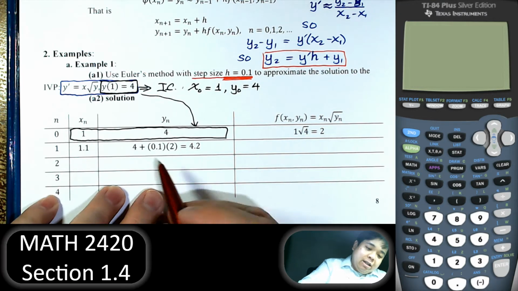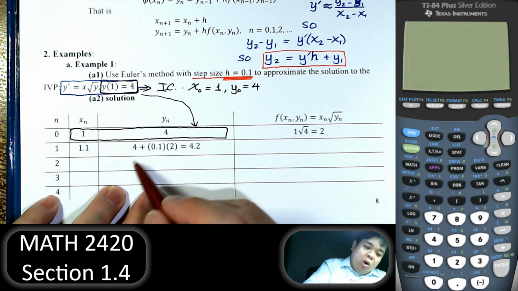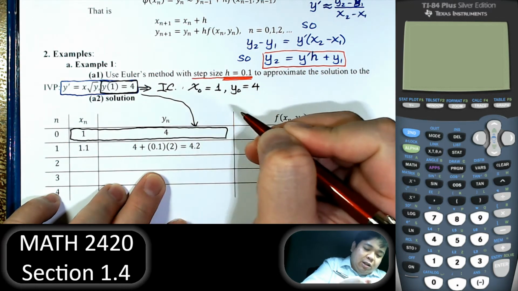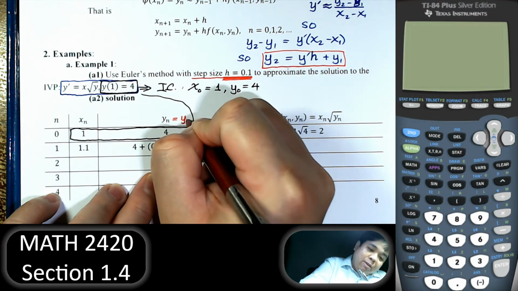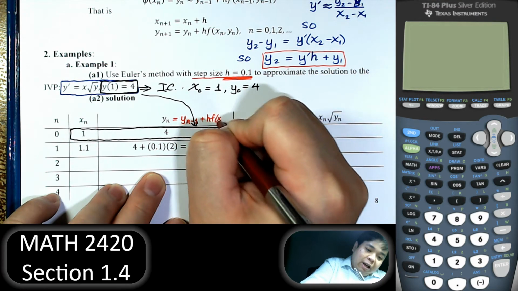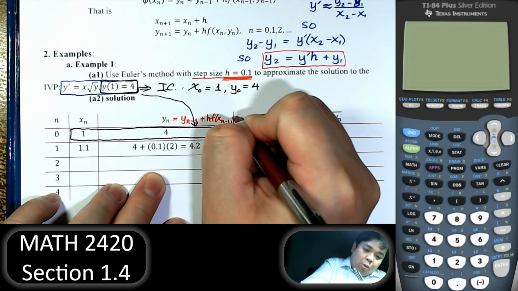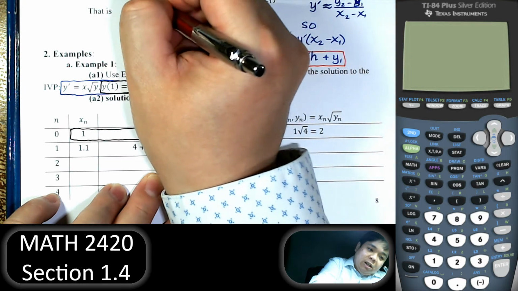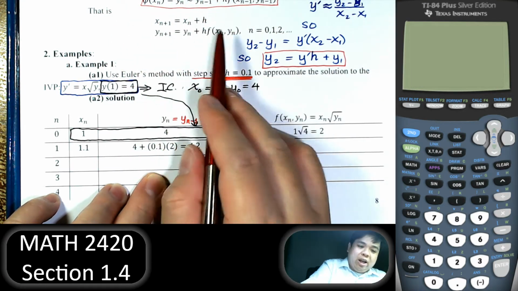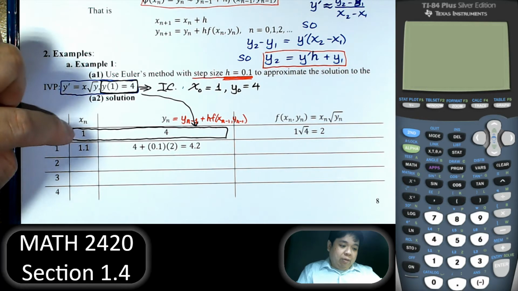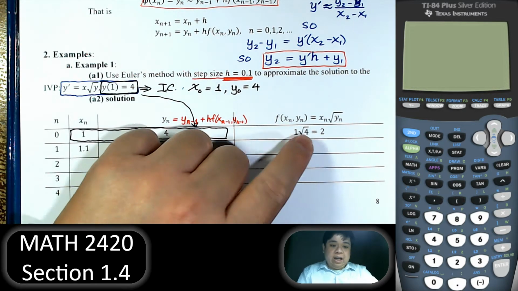Right. Next, to calculate the new y values, remember we have that. So y sub n equal to y sub n minus 1 plus h f of x sub n minus 1, y sub n minus 1. Pretty much I'm writing this relation here, or we can use that. It doesn't matter. So we have x and y initial value, calculate the slope.